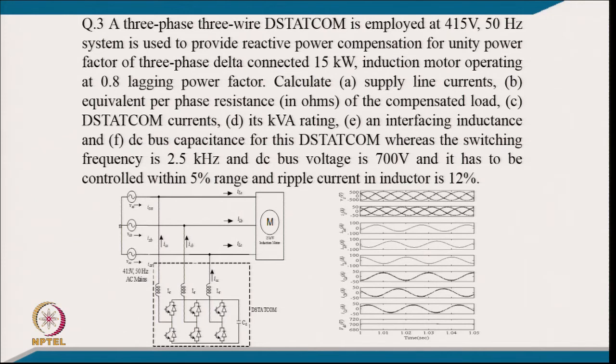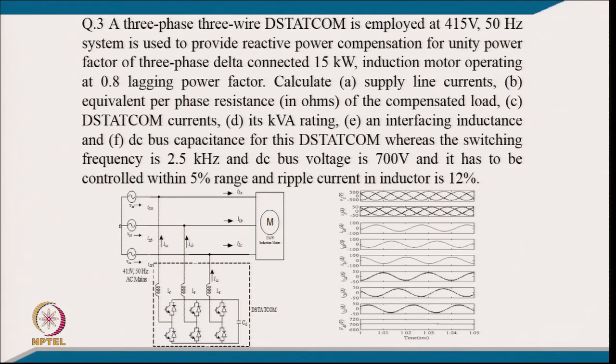So, calculate the line current, equivalent per phase resistance, the compensated load, DSTATCOM current, its kVA rating and interfacing inductance, DC bus capacitance for this DSTATCOM where the switching frequency is 2.5 kilohertz and DC link voltage is 700 volt, and it has to be controlled within 5% range, and the ripple current in the inductor is 12%.